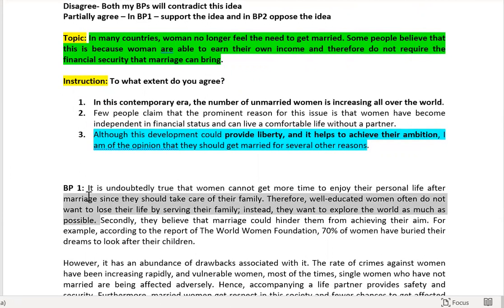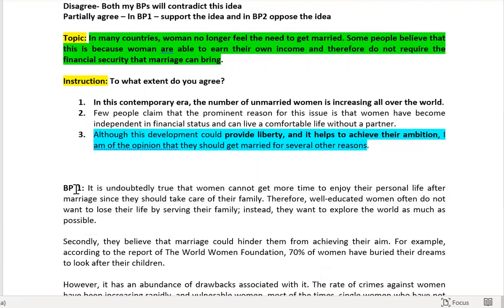So, do you think this is talking about, if I talk about this whole part, the question is about the financial security and getting married. No, it is irrelevant actually. Yeah, this is irrelevant. So this is the point.